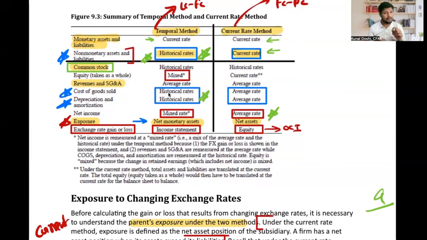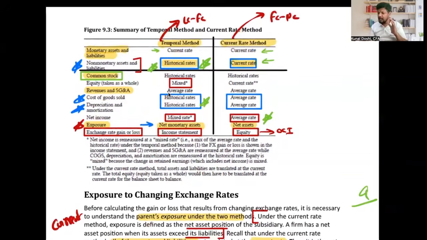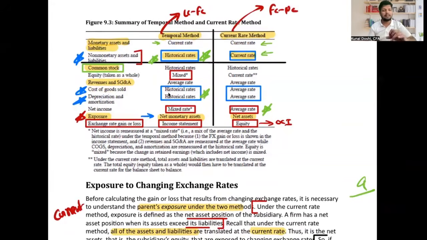Also, in the temporal method, any exchange gain or loss is recorded in the income statement, making it more volatile compared to the current rate method, where everything is recorded under equity. So the temporal method becomes more volatile compared to the current rate method. The current rate method is pretty much straightforward. I would suggest you remember the current rate method: monetary assets and liabilities at the current rate because that's the balance sheet, equity at the historical rate, and income statement at the average rate.